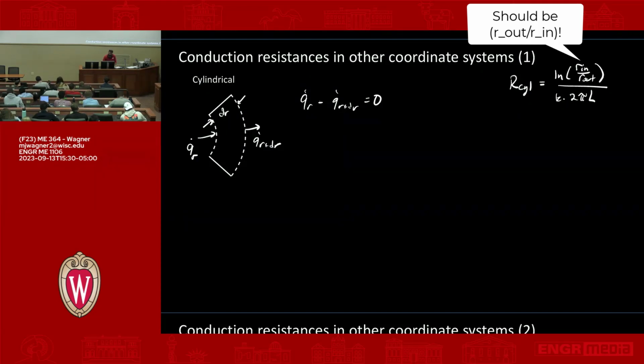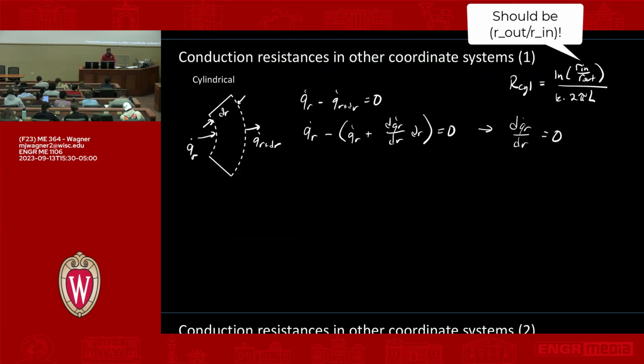We do the Taylor series expansion, so this becomes Q dot R minus the quantity Q dot R plus dQ dot R dr, equal to 0. This simplifies to dQ dot R dr equals 0. Again, that makes sense. We're not losing heat or anything like that.